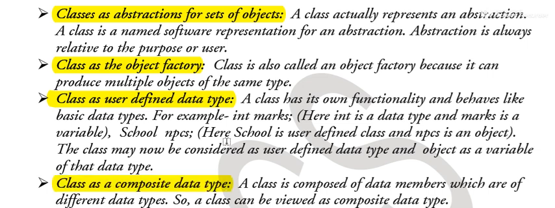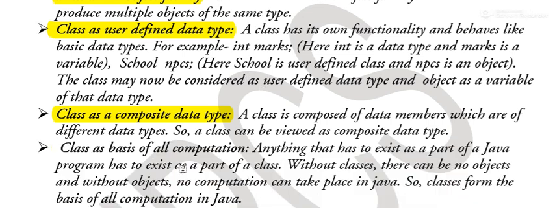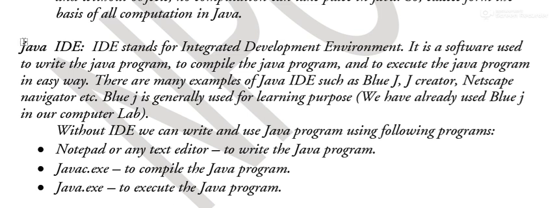A class is composed of many variables having different data types, so it is known as a composite data type. Class as the basis of all computation. In a Java program, everything is written inside the class only. So class is the basis of all computation.